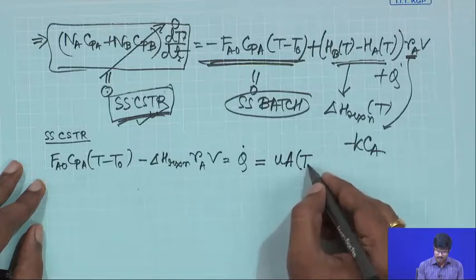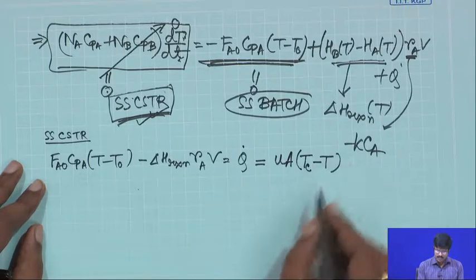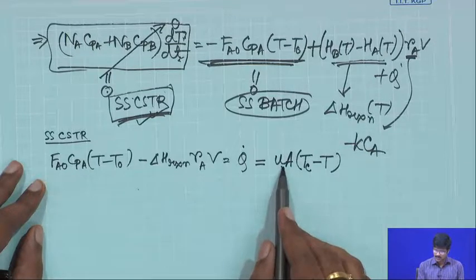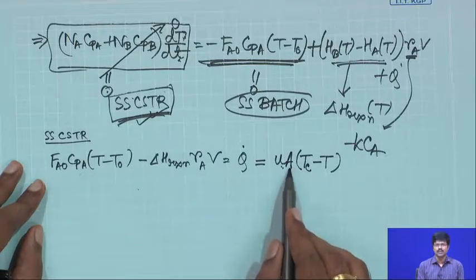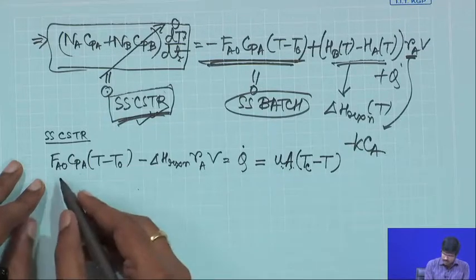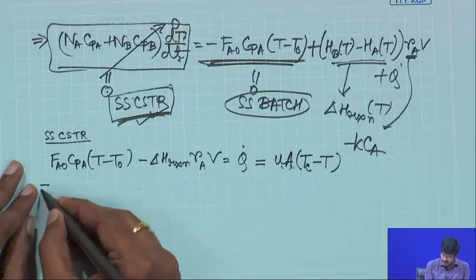So, that will be Tc minus T. T is the temperature of the reactor, small u is the heat transfer coefficient, and A is the area of heat transfer.